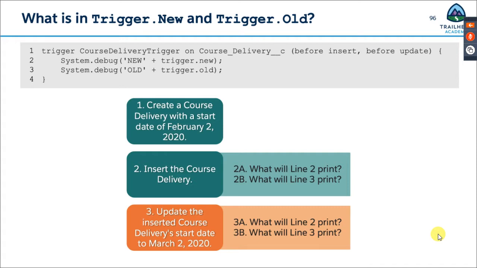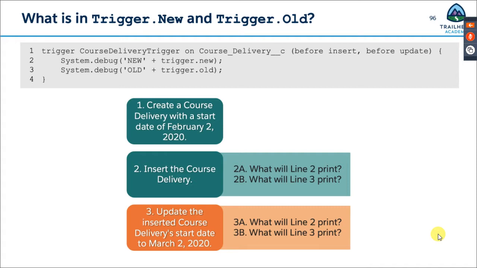Trigger.old does not even exist. So the value of trigger.old is actually null. It's not an empty list. It's undefined. It's null. So you cannot do trigger.old.size if you're on an insert.